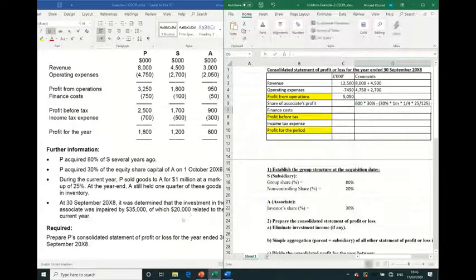So then we are ready to work out the investor share of the associate profit.